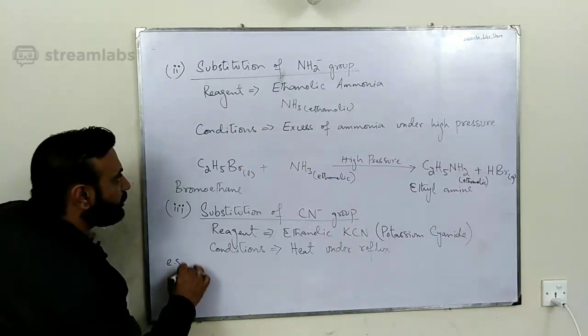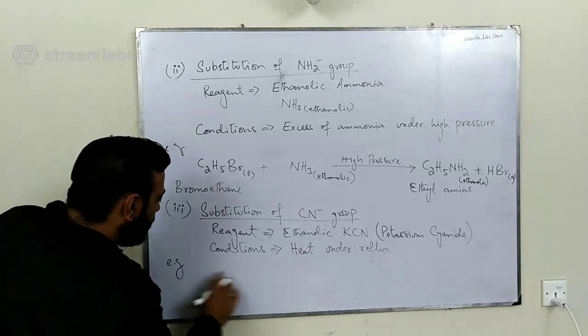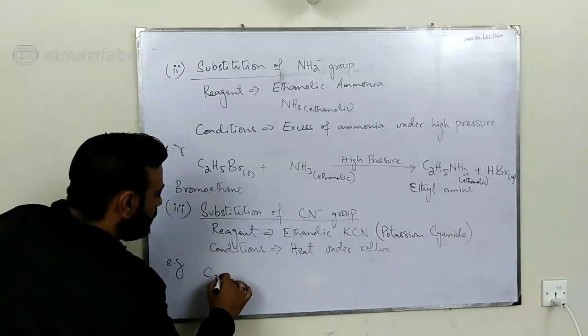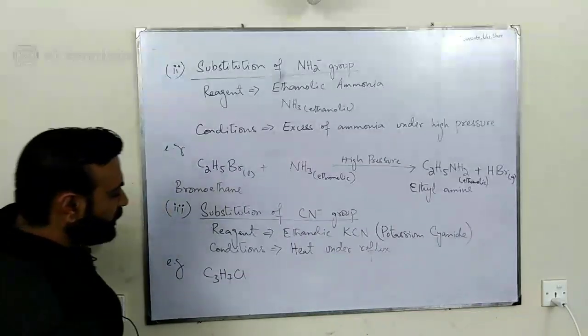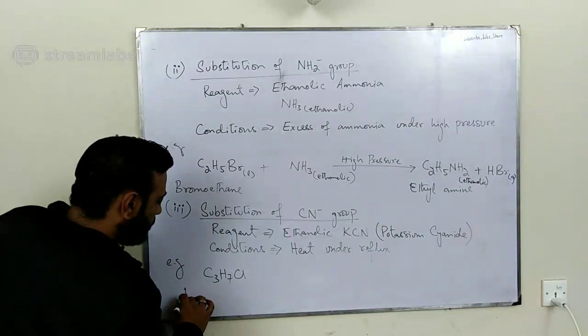Now, suppose this time the halogenoalkane is chloropropane. This is 1-chloropropane.